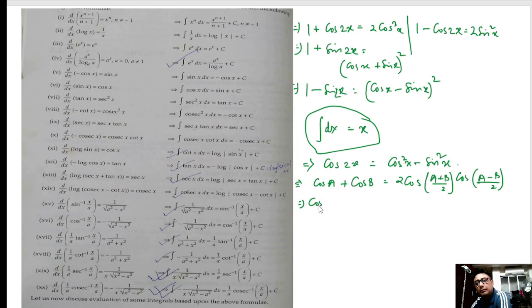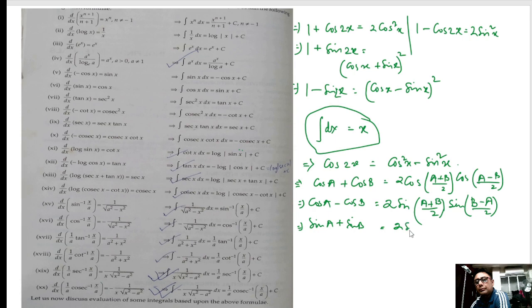Similarly, cos A minus cos B is 2 sine (A plus B) by 2 sine (B minus A) by 2. sin A plus sin B is 2 sine (A plus B) by 2 cos (A minus B) by 2.